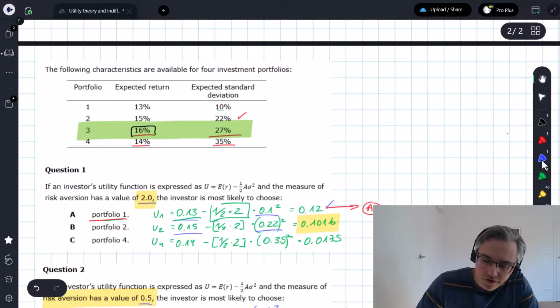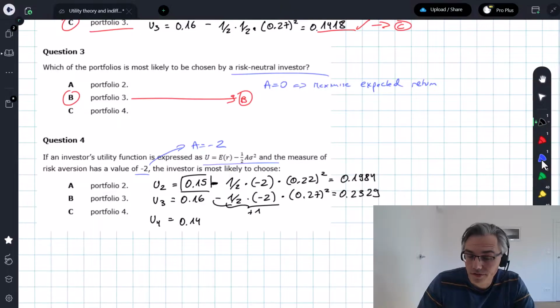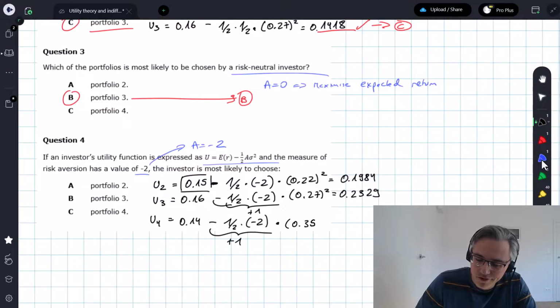And the final one, 14% and 35%. So, you know, this investment is not offering as much as the others in terms of expected return, but it does pack a punch in terms of risk. Definitely higher than the others. So 0.14 plus 0.35 squared.